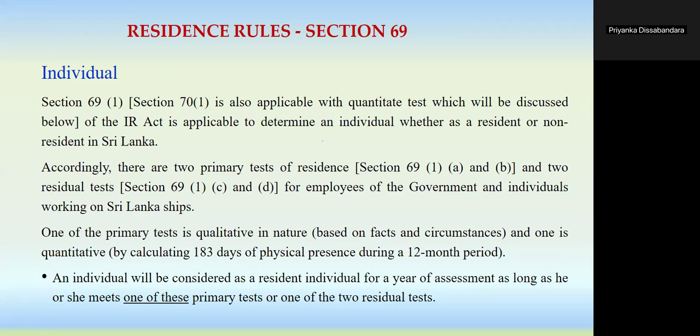For the determination of residency, I think you can remember, the person can be either an individual or an entity. Entity means it can be a company, a partnership, a trust, or any other institution.